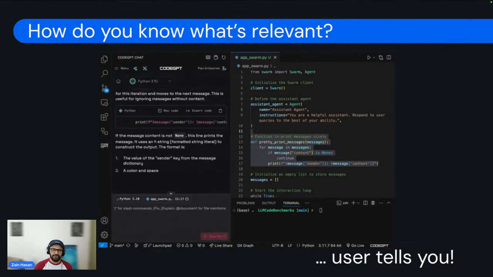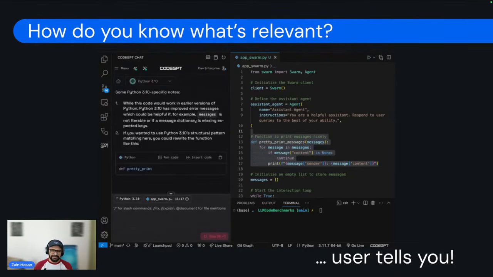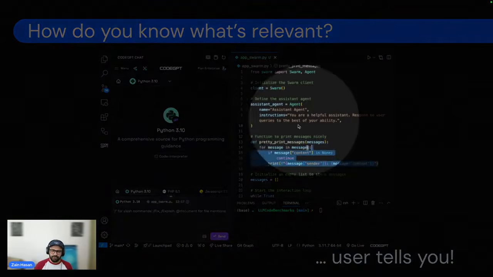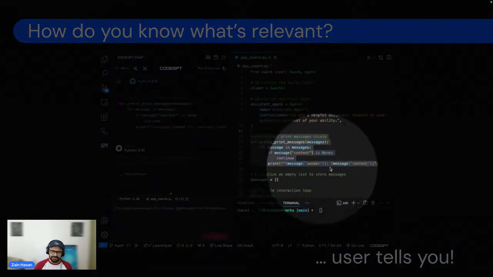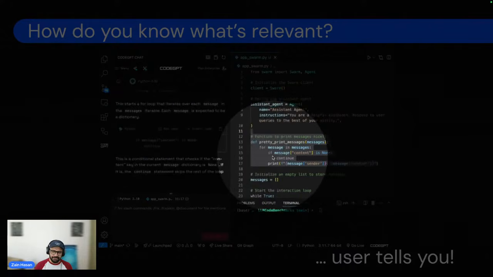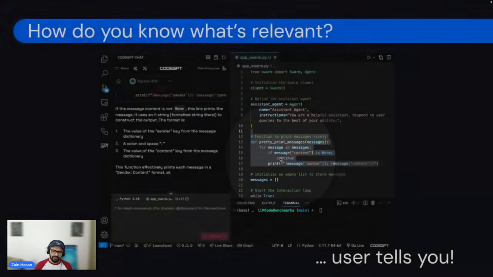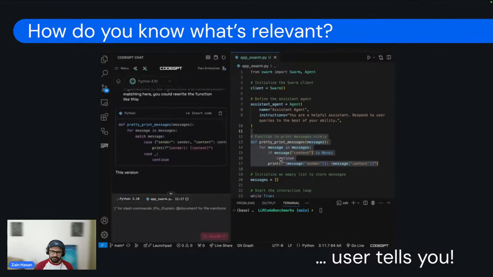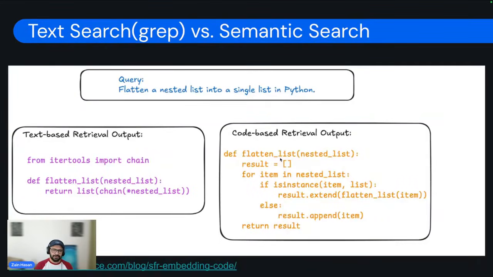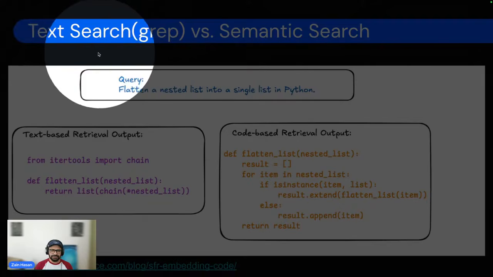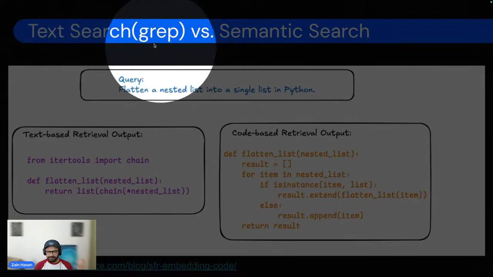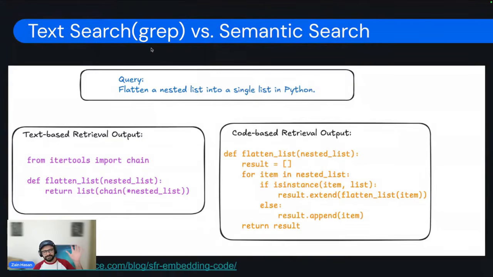The other thing that you can do is a text-based search. Whatever code the user highlighted, you can do a text-based search based on the text that's mentioned here and retrieve other parts of the code base and also pass it into the language model call. And if you've used these tools, you'll notice that they actually do text search as well. They often will just do a grep to look for specific keywords in your code base.